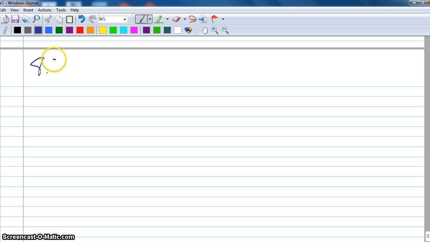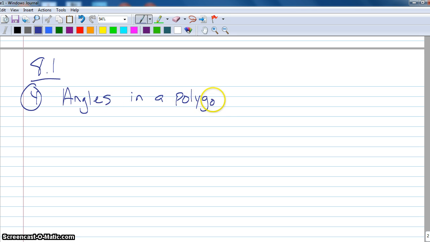And then 8.1, I'm going to take some stuff from there, like angles in a polygon. If I ask you, how many degrees are inside an octagon? We have to use that formula that's on the notes.